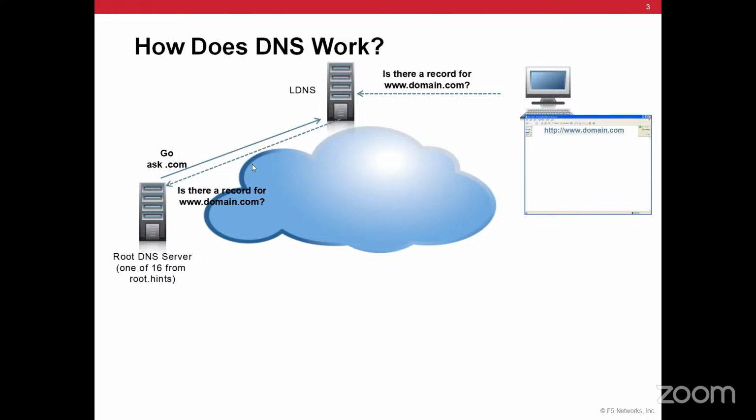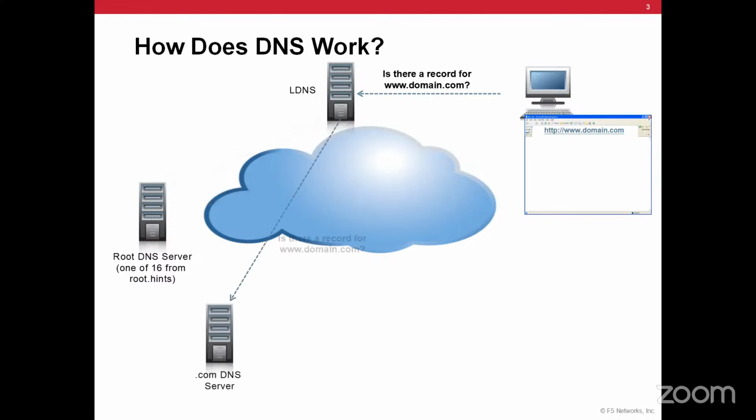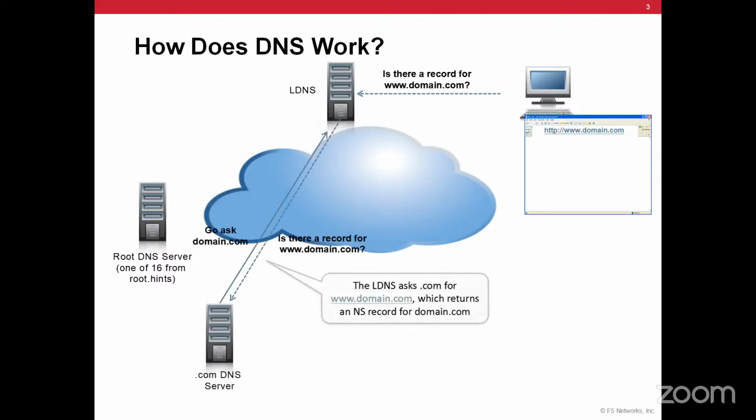If the LDNS does not have any information about that record in its cache, it will send the query to the root servers, which are the root DNS servers. Then from the root DNS server, if it is a .com domain, the LDNS will go to the .com server. From the .com server, it will get the authoritative DNS server name for that domain.